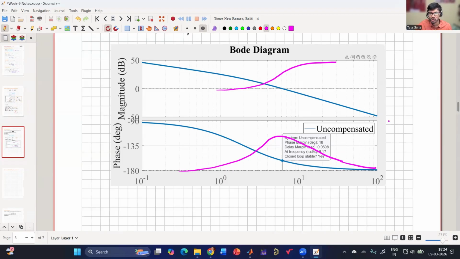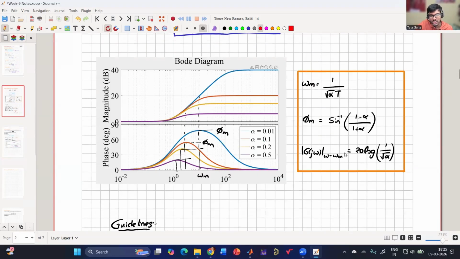Choosing the frequency at which we are providing the phase is very important, because if at the current gain crossover frequency I am providing phase phi m at that omega m, I will also have some gain coming from the compensator, because that is what we have seen. The magnitude of the compensator at omega m also has some gain.